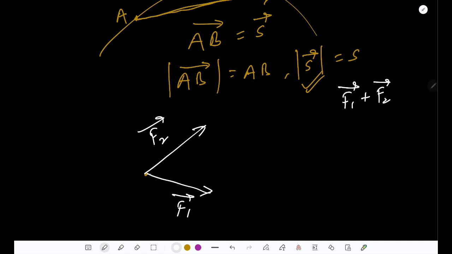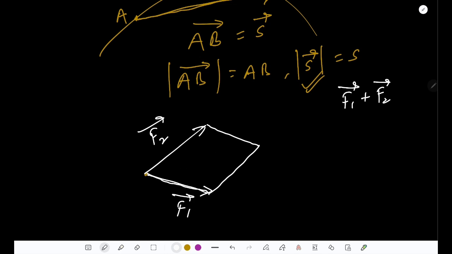How do we make a parallelogram? Well, this is an arrow. Try to make an arrow parallel to it, and then an arrow parallel to F2, and you have completed a parallelogram.